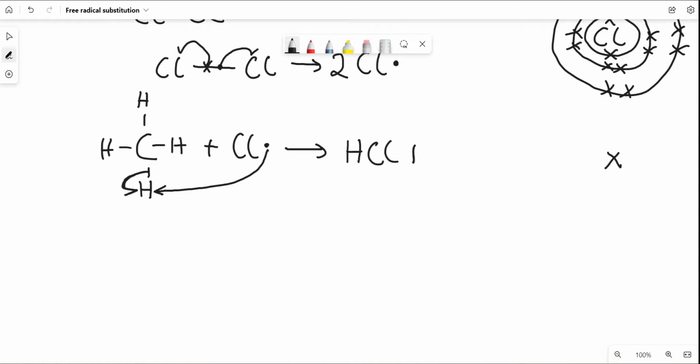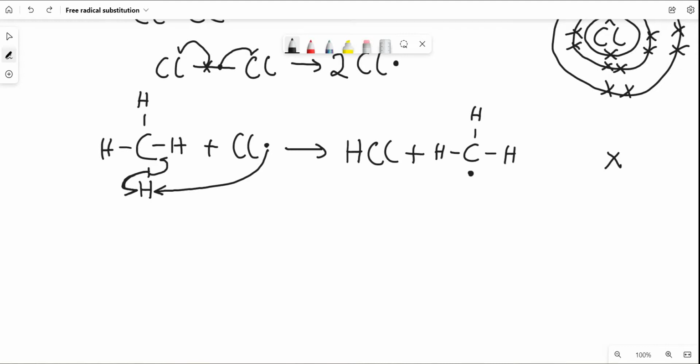So what it forms is another radical, because remember there are two electrons in this bond here. So the other electron gets returned to a carbon, and this forms a radical that is like this. This radical here is also very reactive because it has an electron very far away from its nucleus.